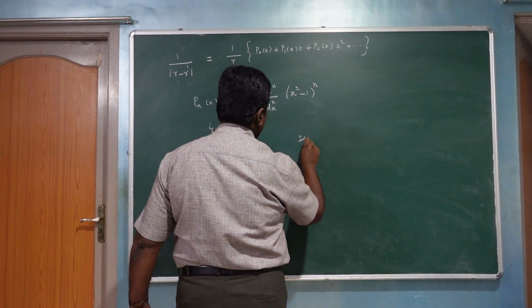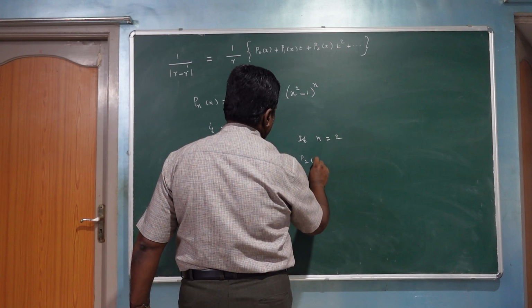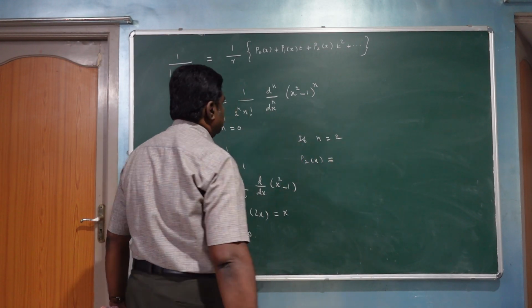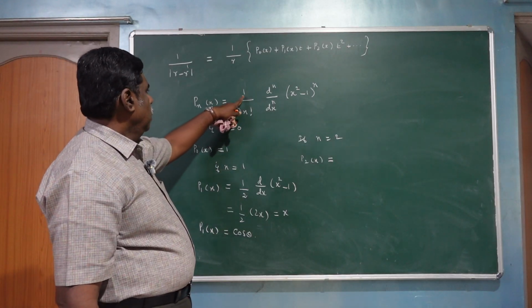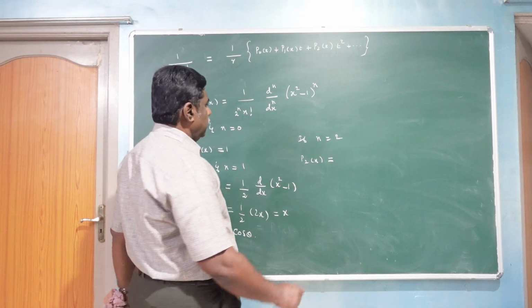If n is equal to 2, then P2 of x is equal to 1 by 2 square into 2 factorial, that is 4 into 2, 8.